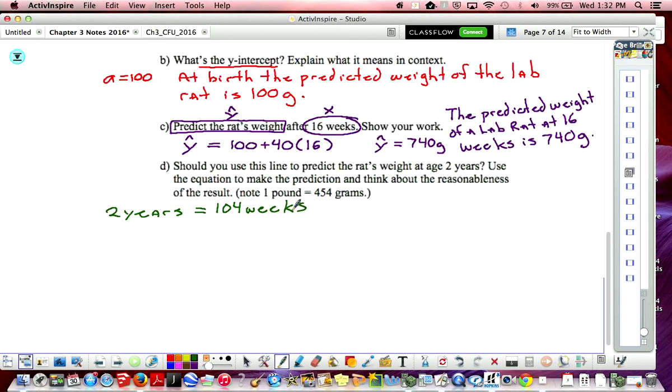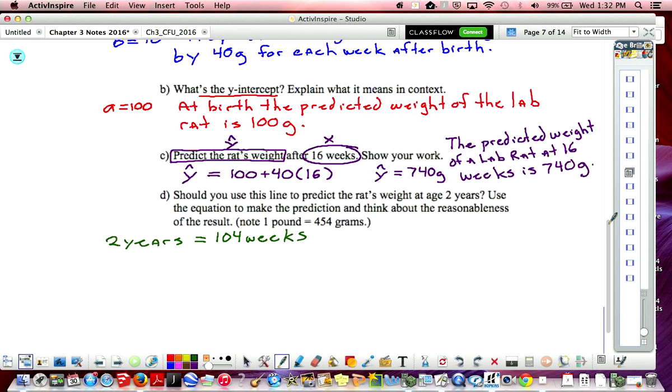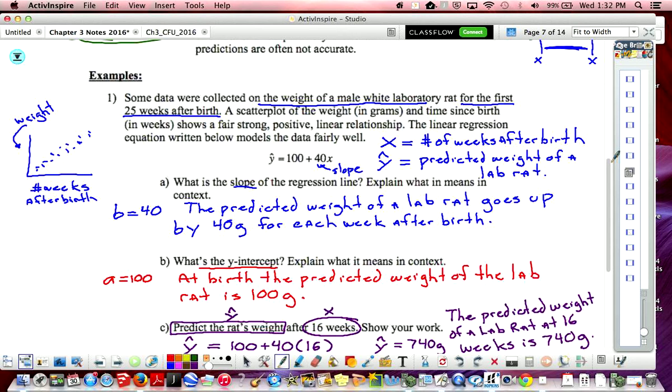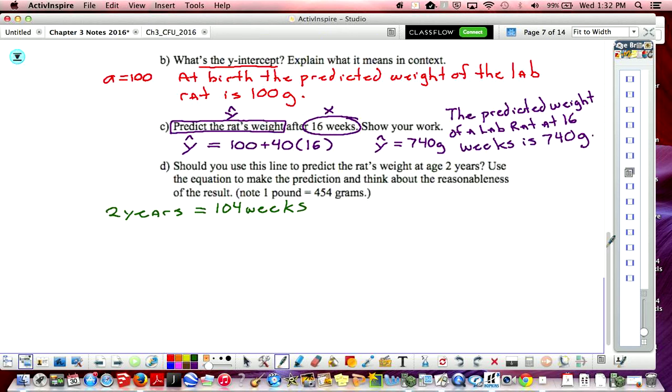Should you use this equation to predict it? No. Why? Well, they're going to stop growing, and likewise, what did they say this equation's interval was? For the first 25 weeks. So should you use this equation?